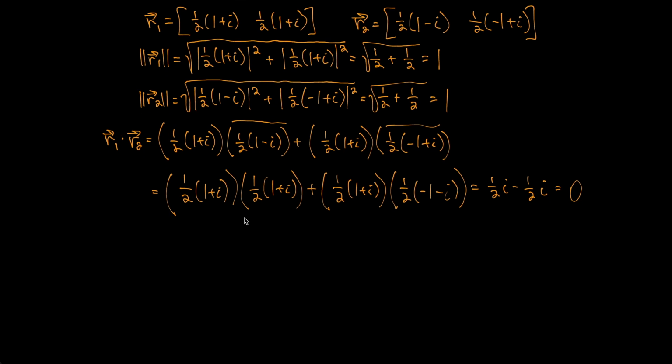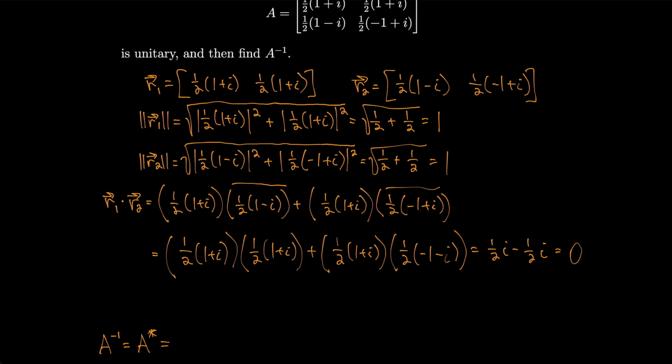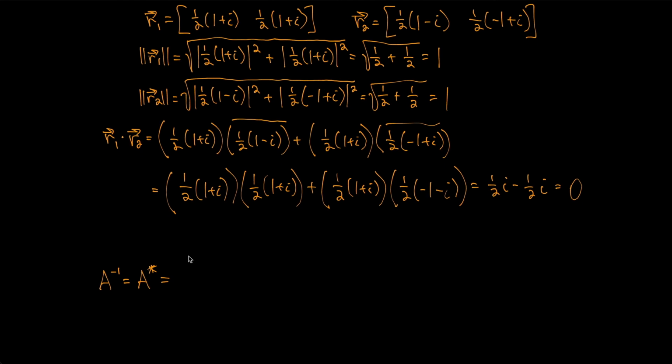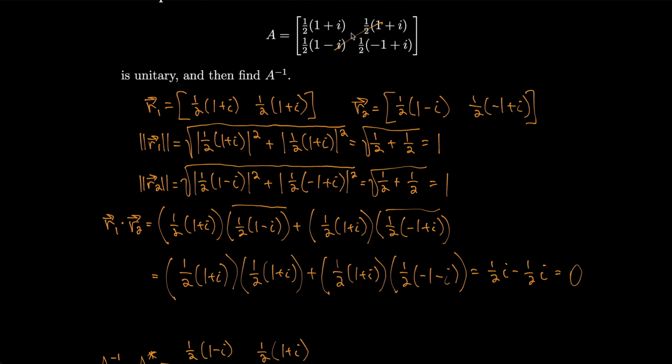So now that means we can get the inverse by finding A star, because it must be equal since it's unitary. So A star in this case, we'll take the conjugate and take the transpose, so half (1 minus i), half, half, (1 plus i). These two will swap.